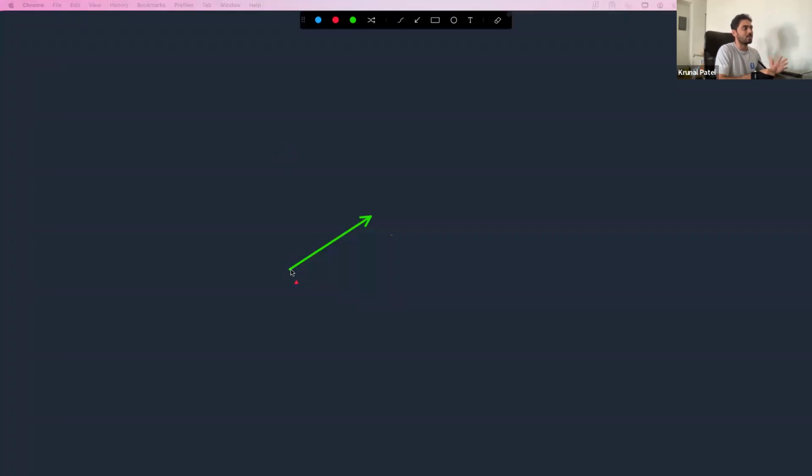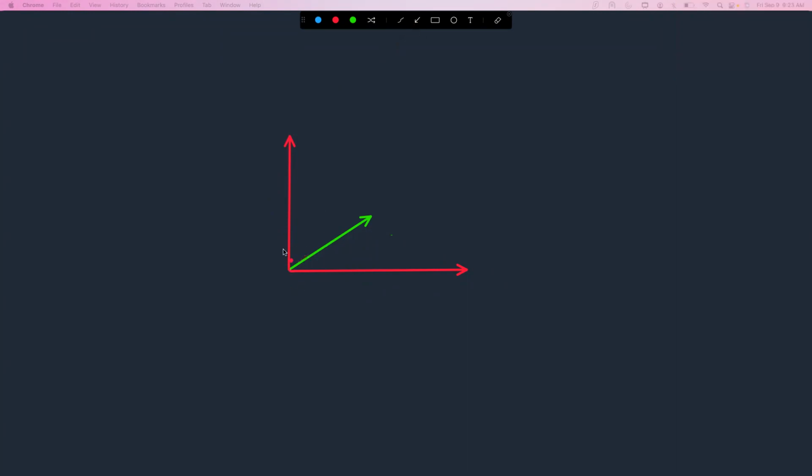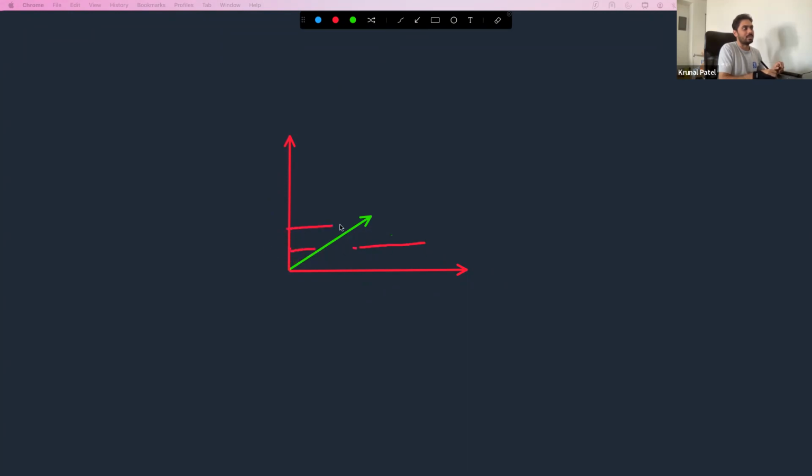If we have some sort of a grid, for example, if this is my x-axis and this is my y-axis, then I have a grid, and I can represent this vector on this kind of grid line, right? This is what we call a vector space.